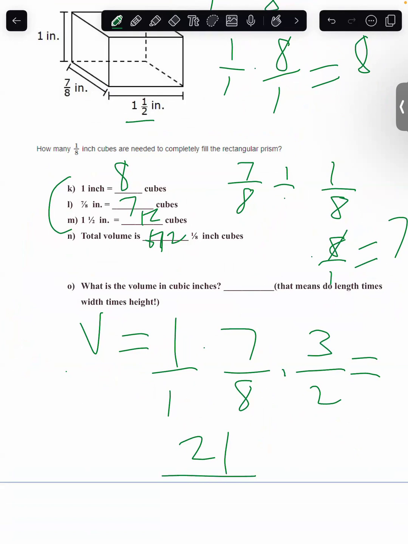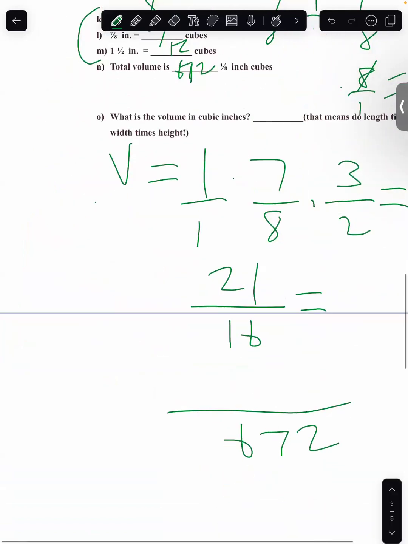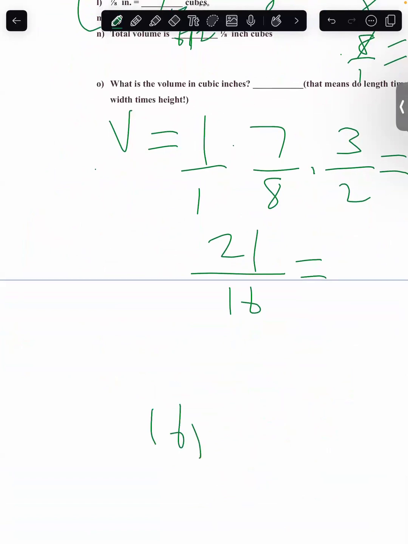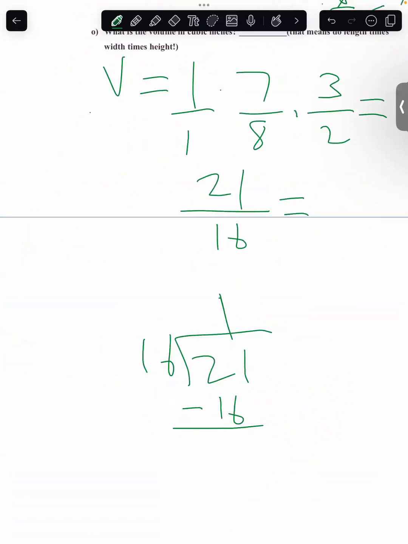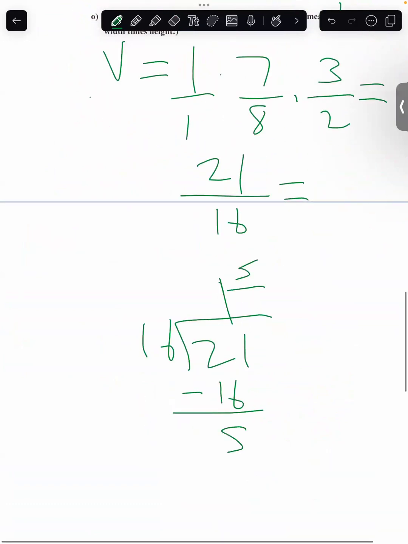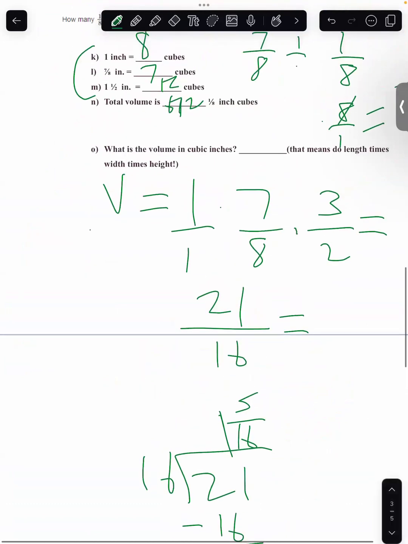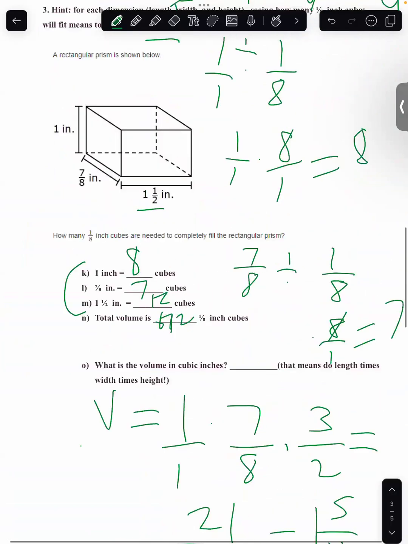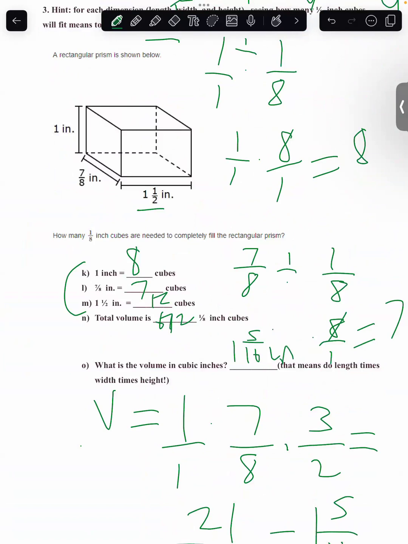Bottom times bottom: 1 times 8 is 8, and 2 is 16. So 16 goes into 21 one time, so 1 and 5 over 16. So 1 and 5/16 cubic inches.